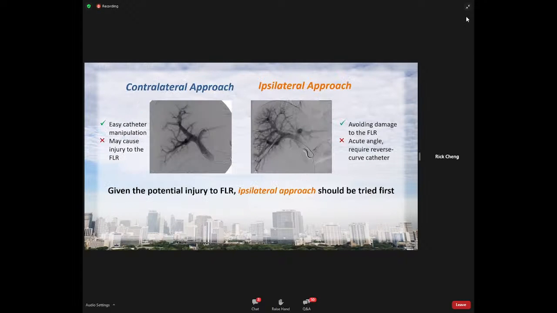For right PVE, contralateral approach is when you access from the left portal vein. The catheter manipulation will be easier, but you may cause injury to the FLR. Ipsilateral approach is preferred to avoid damage, but the acute angle is more difficult to embolize and usually requires a reverse curve catheter.